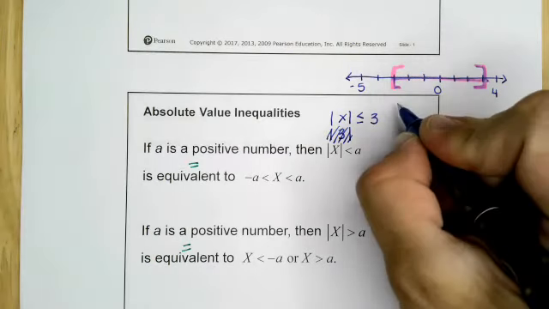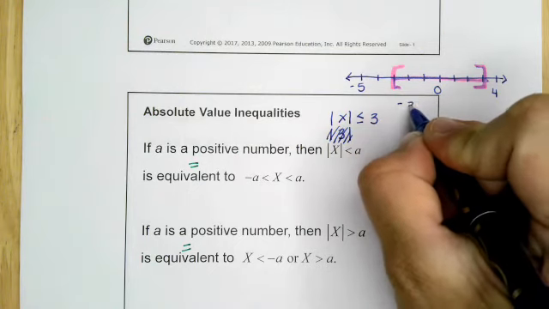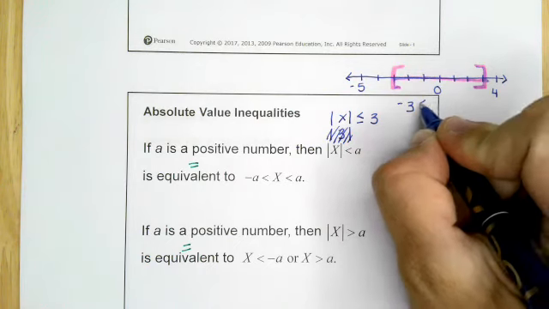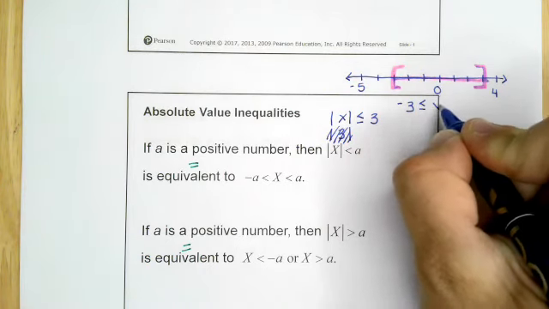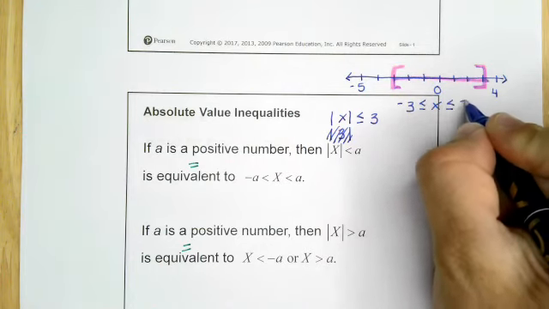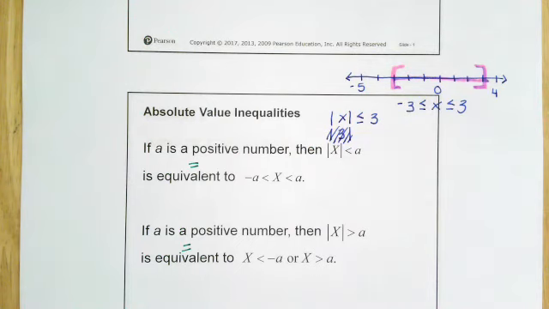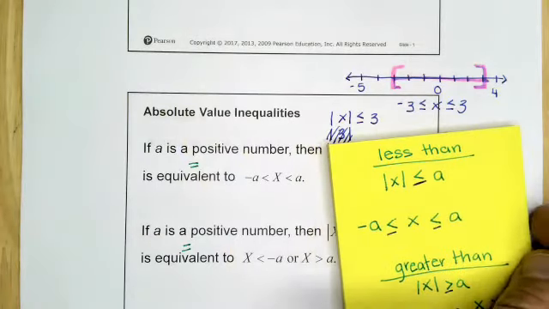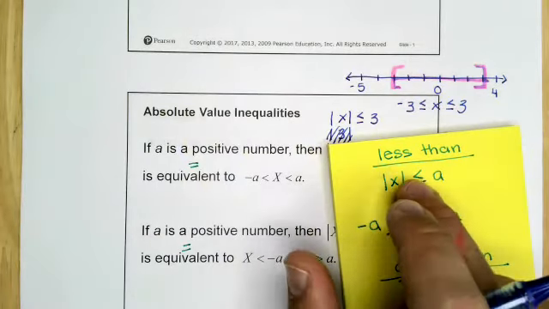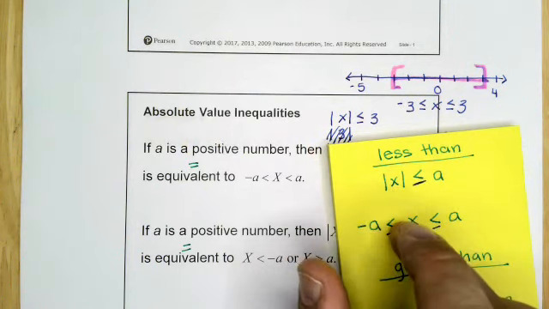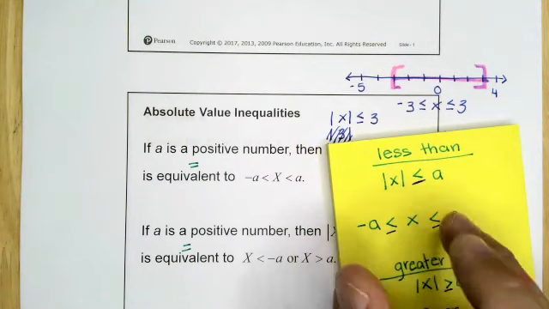So we're saying it's between -3 and +3, right? Which is the same as our rule. The absolute value is less than or equal to 3: -3 is less than or equal to x, and x is less than or equal to +3.